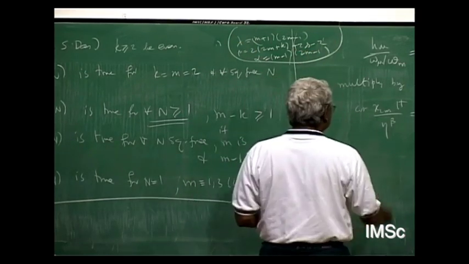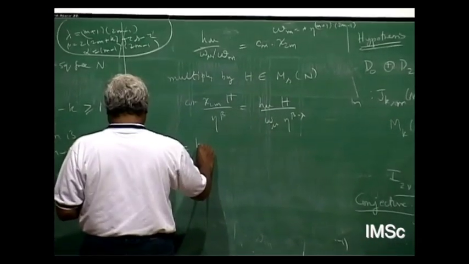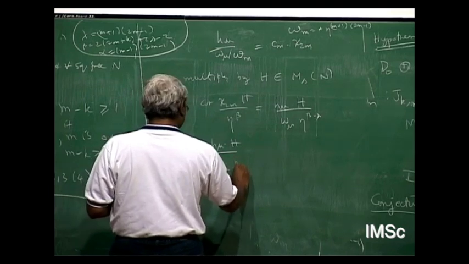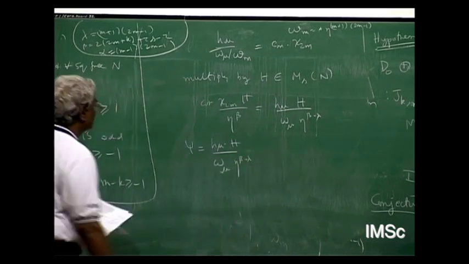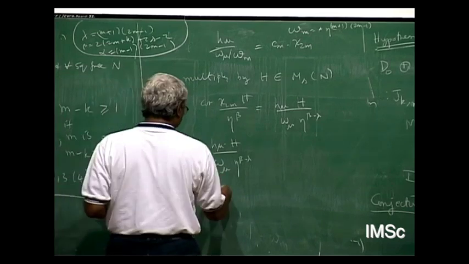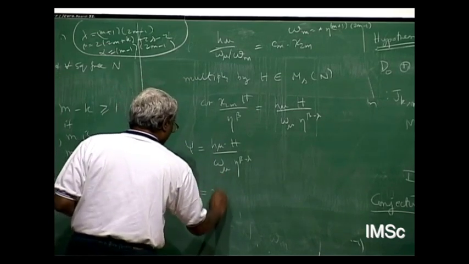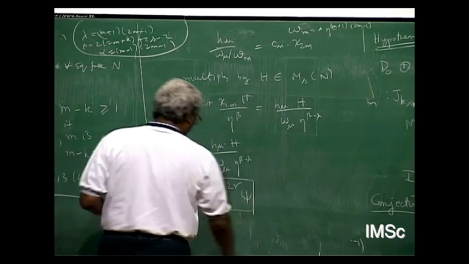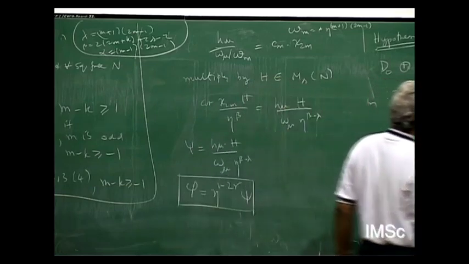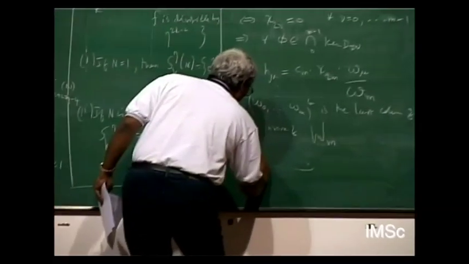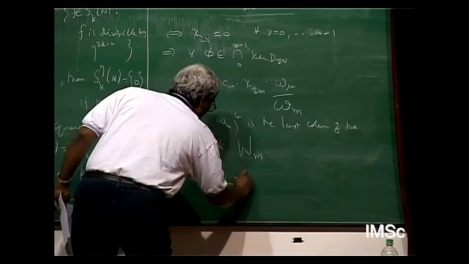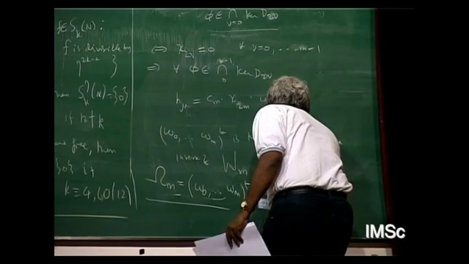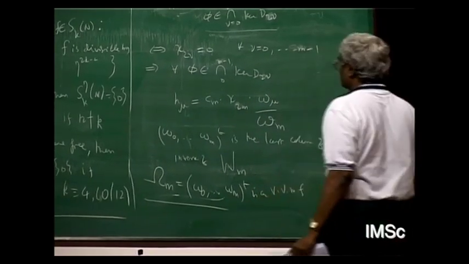Now using that, we define psi to be h mu into h by omega mu into eta power beta minus lambda. One more parameter r we introduce, and then define phi to be eta power 1 minus 2r times psi, and then show that this phi is a modular form. First of all, note that this vector omega m, one of the main ingredients is to show that it is a vector valued modular form with some multiplier system.